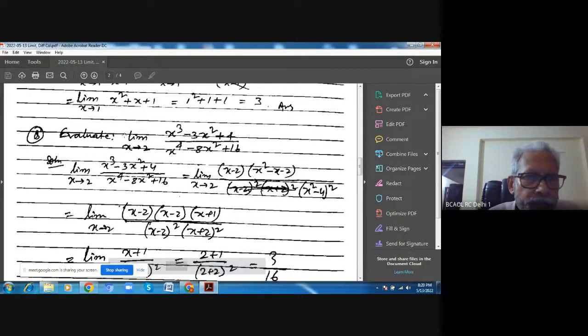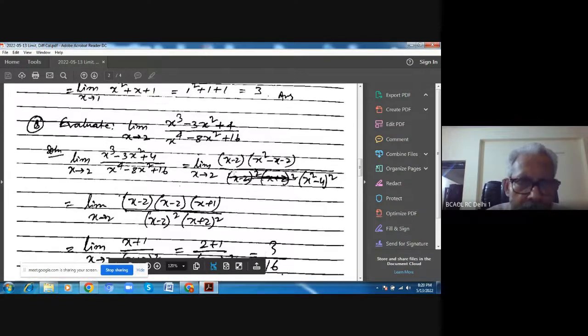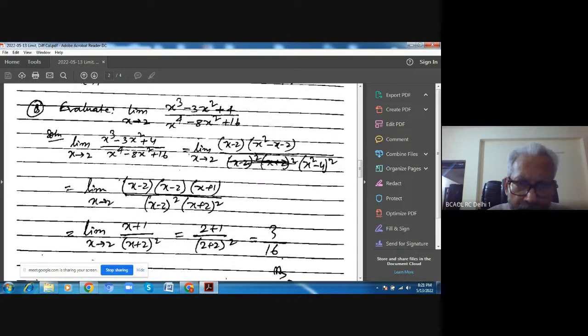So finally, here you have to put x tends to 2. After evaluating all these things, finally you have to put the x value 2, nothing else. You see there is a simple factorization. You have to calculate it yourself and you can do it, no problem. Simple algebra.